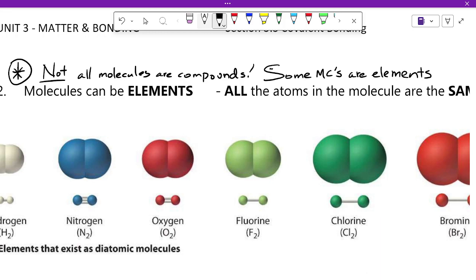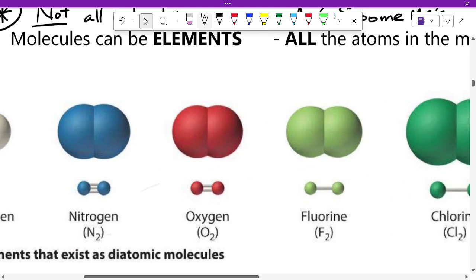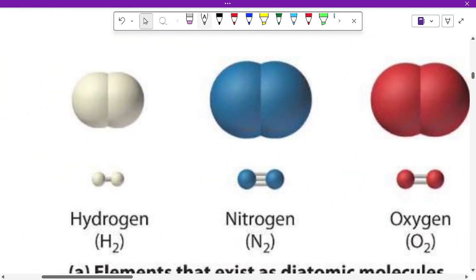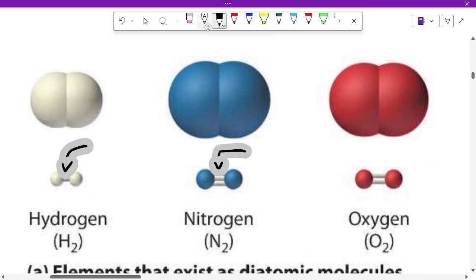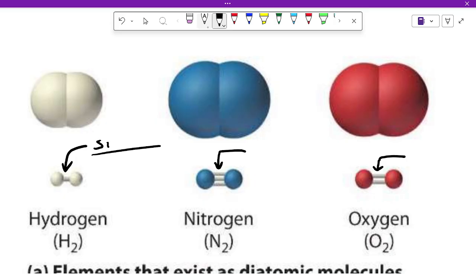Now we're going to take a look at a couple of these up close. We're going to zoom in on hydrogen, nitrogen, and oxygen, and you're going to look at this here, and this here, and this here. Do you guys remember what it's called when we have one line in between them? That is a single covalent bond.